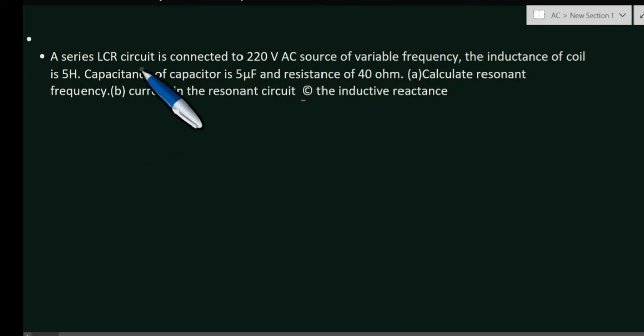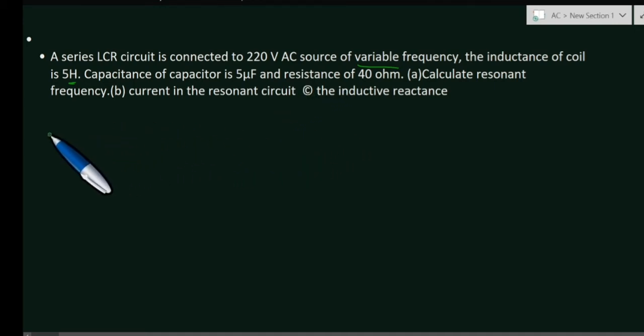A series LCR circuit is connected to a 220 volt AC source of variable frequency. The inductance of the coil is 5 Henry. So try to draw the diagram, and the capacitance of the capacitor is given as 5 microfarad and resistance of 40 ohm.